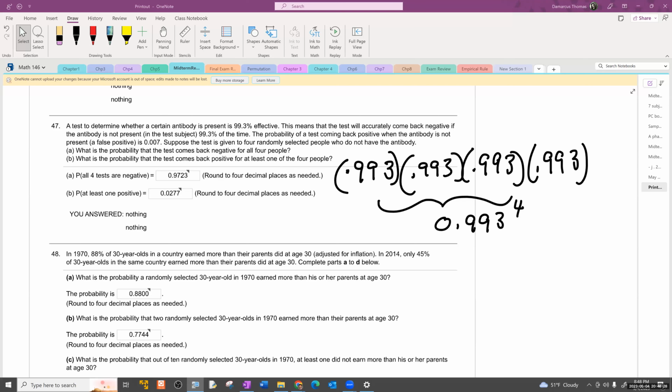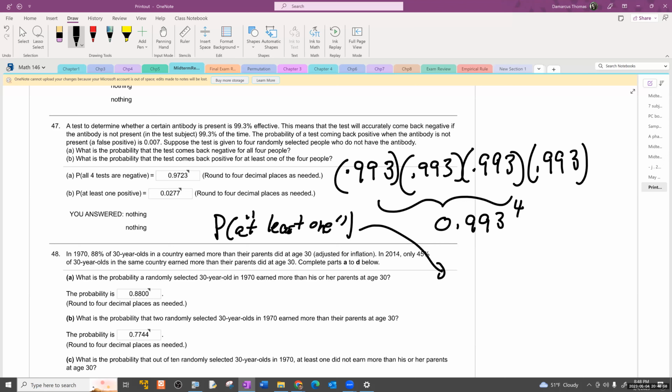And whenever you're calculating the probability of at least one of something, I'll just put in quotes, the way you can handle that, because this could get a little crazy with at least one.